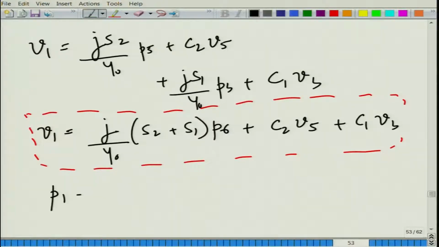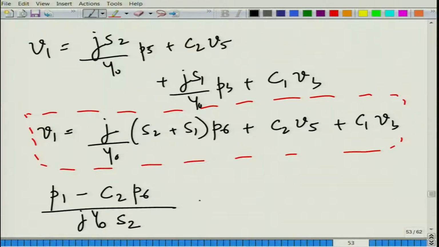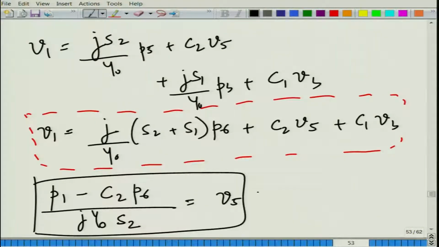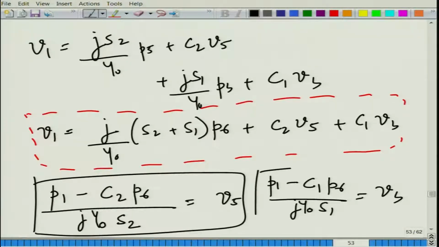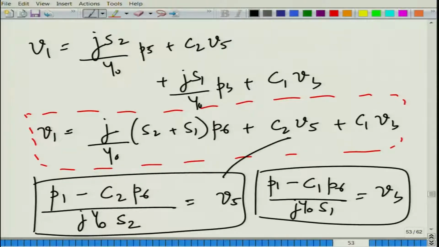So, that is P1 minus C2 into P6 by j Y naught into S2 is equal to V5. Okay. And similarly P1 minus C1 P6 by j Y naught S1 will be equal to V4.